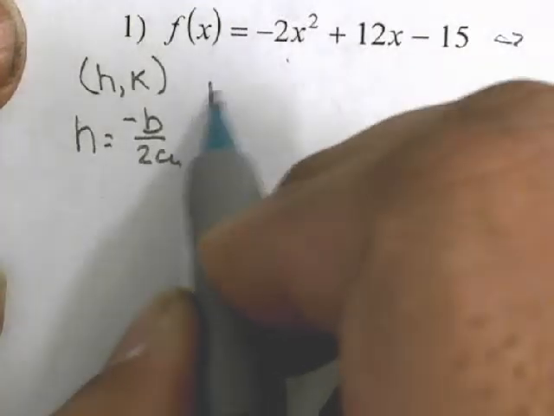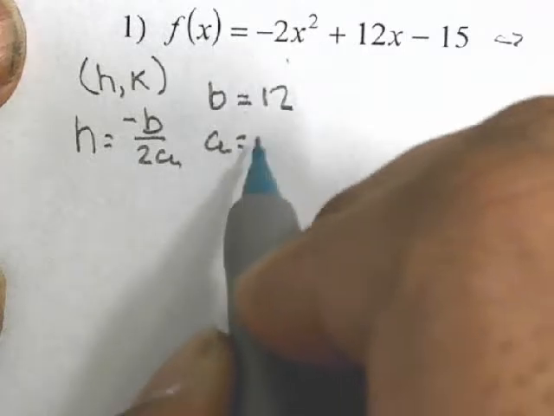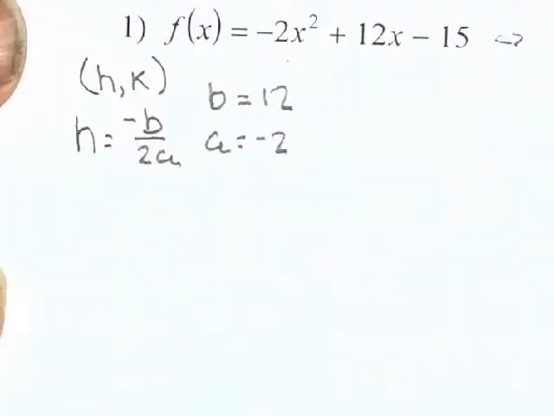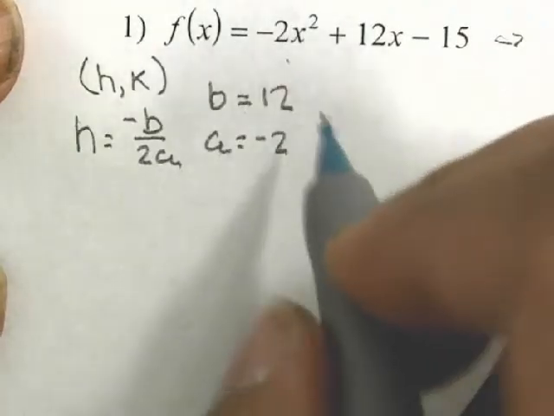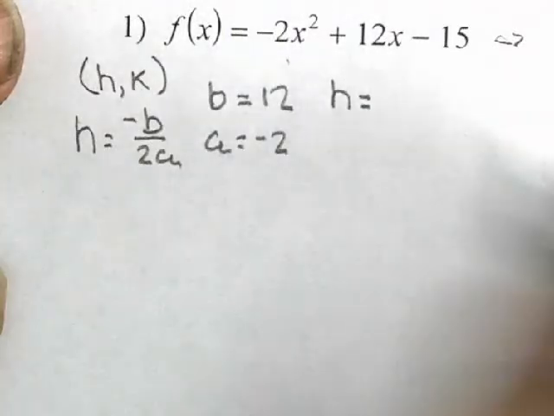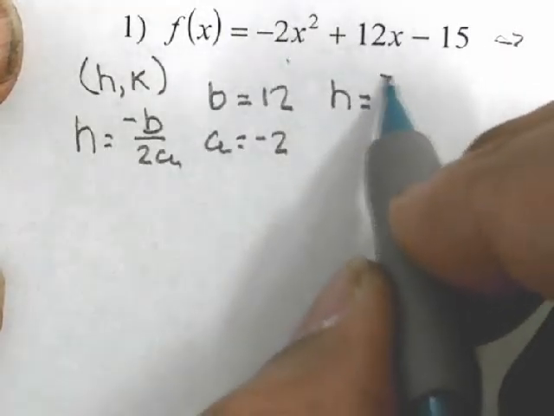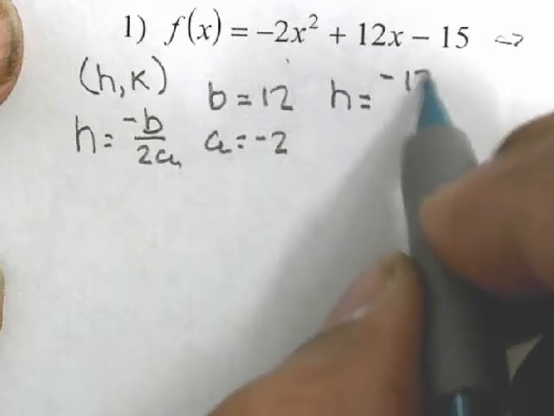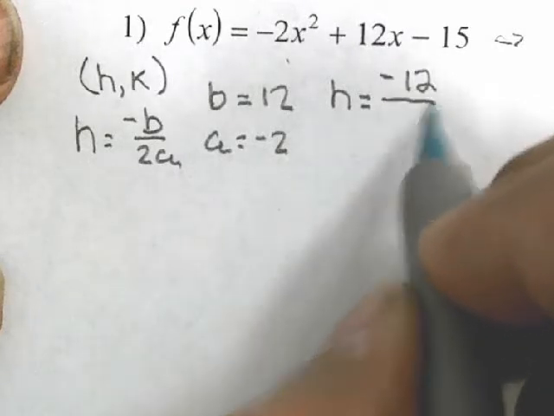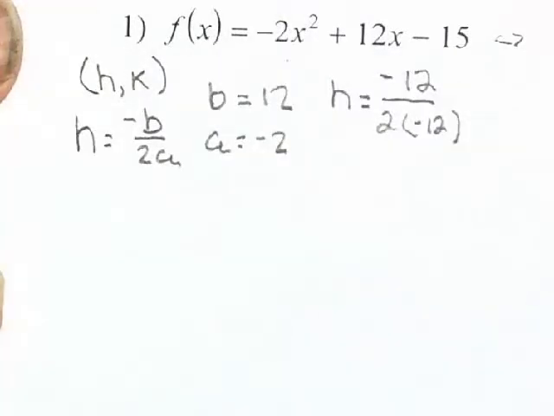So b is equal to 12, and a is equal to negative 2. So, let's put it in. H equals the opposite of b, which is going to be negative 12, all over 2 times negative 12.